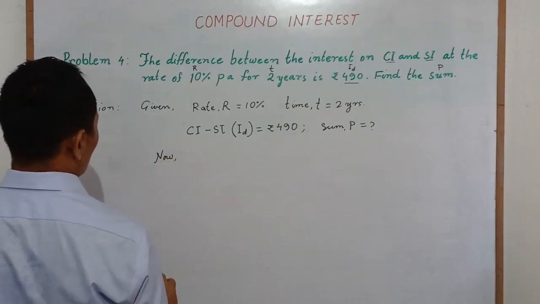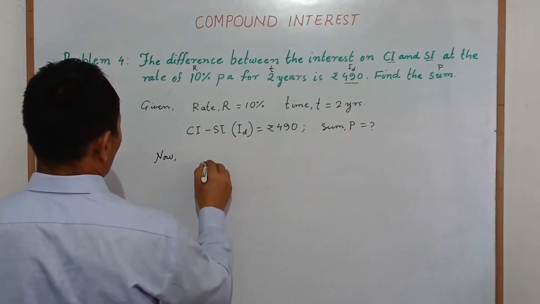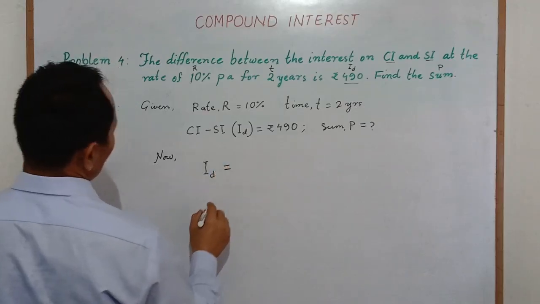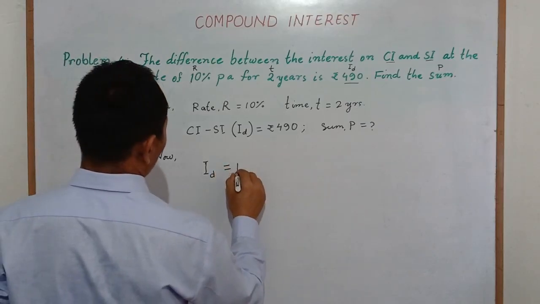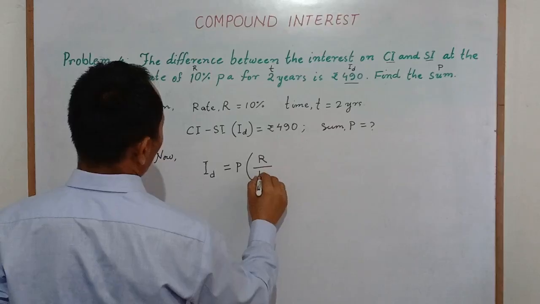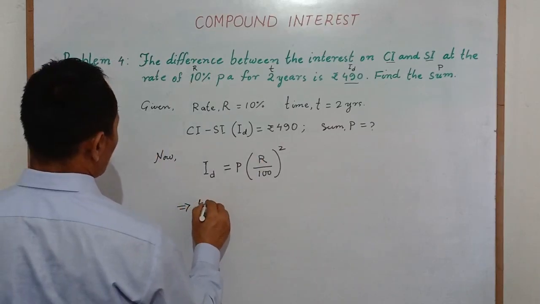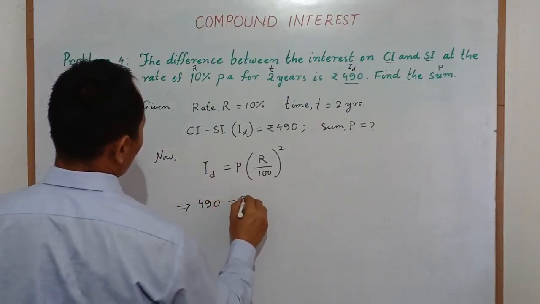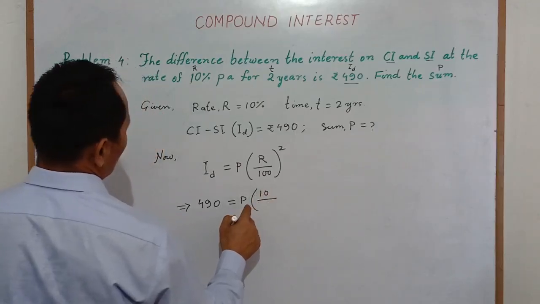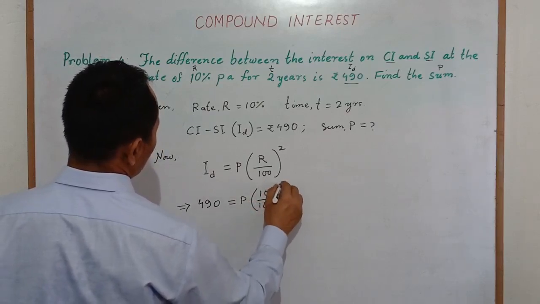It's a relationship: the difference in the interest is equal to P into R by 100 whole square. So 490 is equal to P into 10 by 100 whole square.